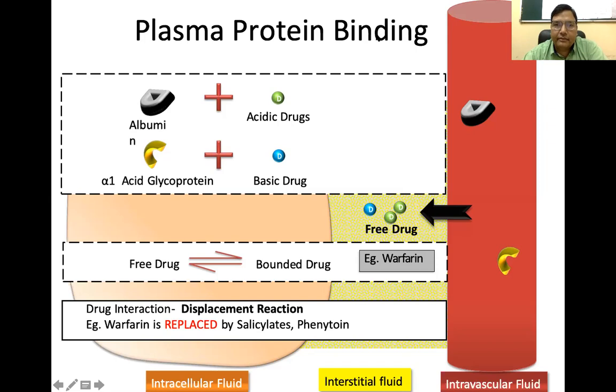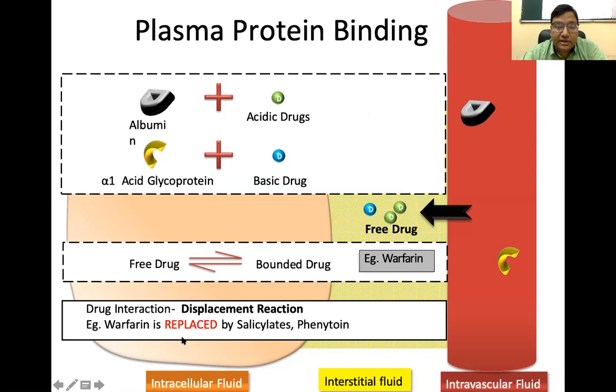When a drug is displaced from its bound form, more of the free drug will be available. So more of the warfarin will be released. Warfarin is an oral anticoagulant, so more anticoagulation will occur. There can be hemorrhage, bleeding, or severe side effects of warfarin.